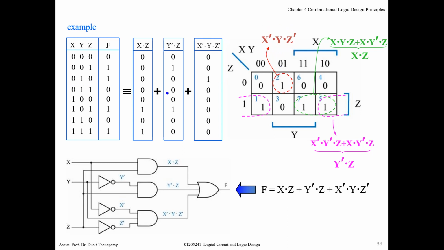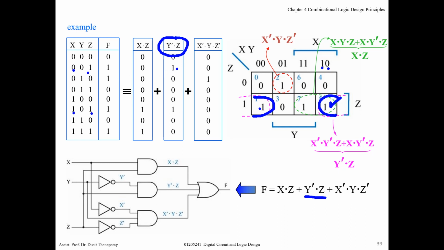Okay, it's a minterm. And this term, y prime z. Y prime z is from this one. This and this. Okay, this cell is 101 and this cell is 001.